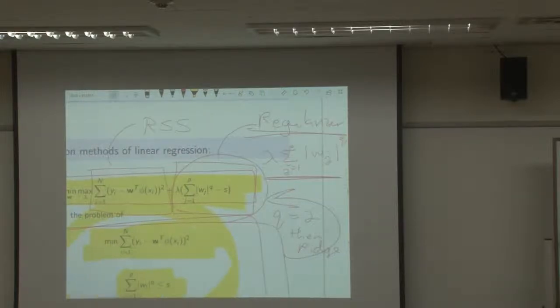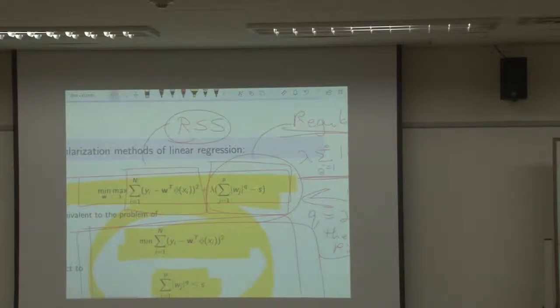So I'm trying to minimize the residual sum squared and also this regularizer. Okay?